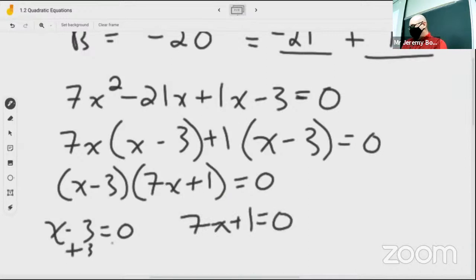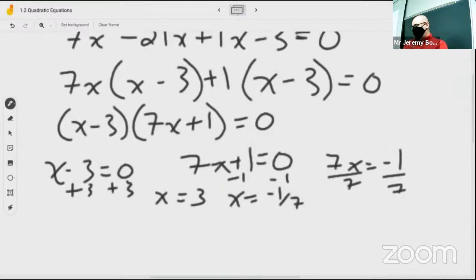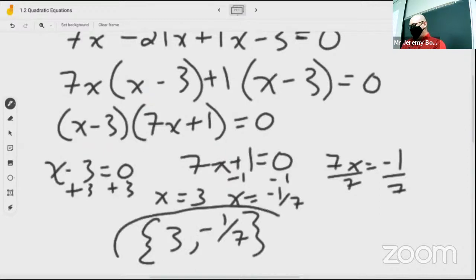We add 3 here. x will equal 3. Subtract 1. 7x equals -1, divided by 7. x equals -1 over 7. So our solution set is going to be the set containing 3 and -1 over 7.